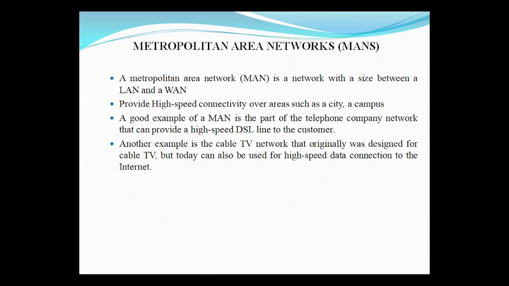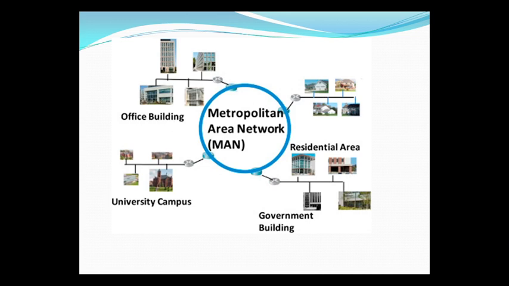It can be a single network such as a cable TV network, or it can be a means of connecting a number of LANs into a large network so that the resources can be shared LAN to LAN as well as device to device. You can see in this particular diagram. So MAN is connected to office buildings, university campus, government buildings, residential areas.